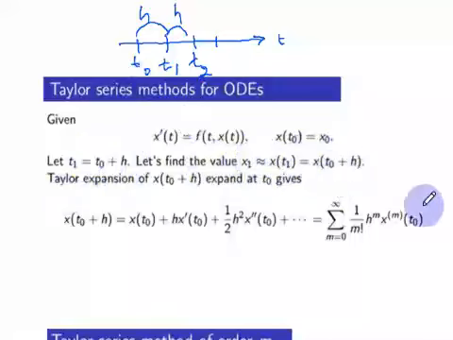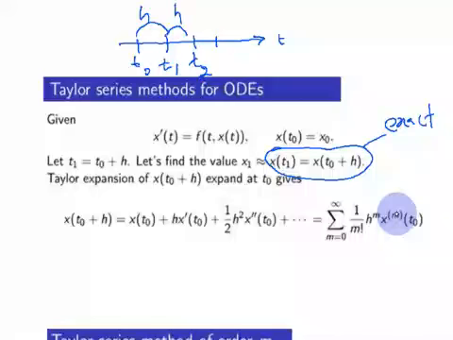This is the exact value of the function x at t1, and x1 would be the approximation to this.